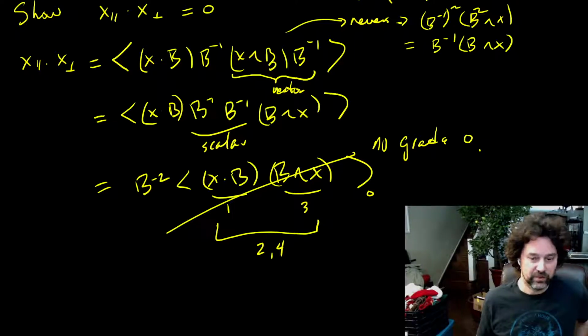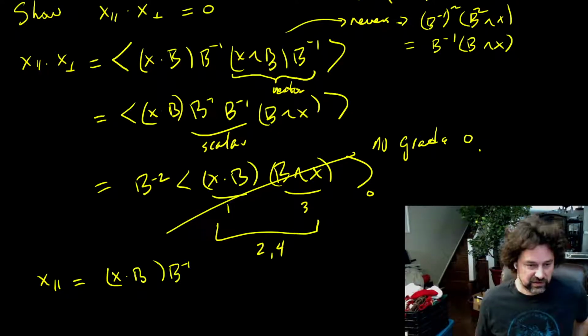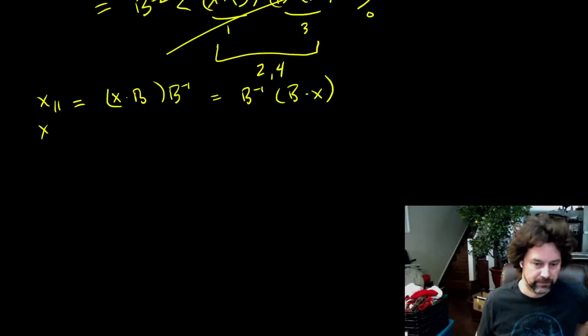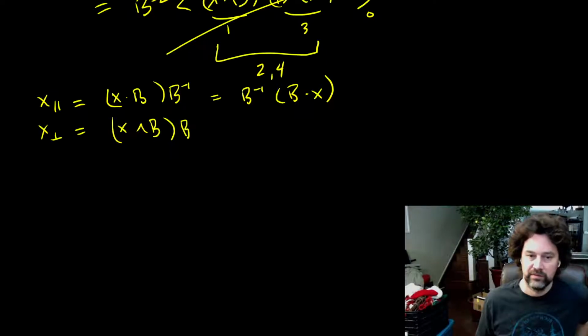So that says that we have identified x parallel. We identified x parallel geometrically as x dot b times b inverse, or b inverse b dot x, and we identify x perpendicular as x wedge b inverse, or as b inverse b wedge x.